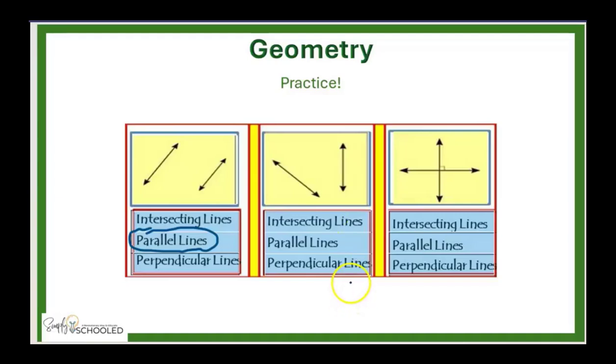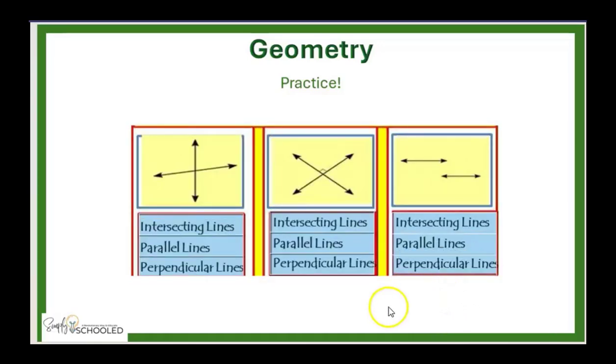But they're not going to form a T, they're just going to intersect. So these are called intersecting lines. These two lines here, they are intersecting lines, but when they intersect, they form a perfect T or a cross. So those are special, and those are called perpendicular lines. So there you can see the three different lines.